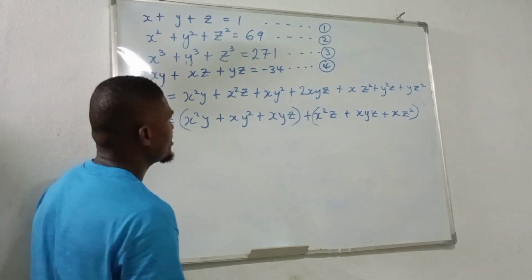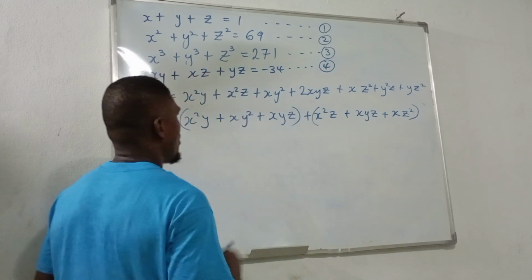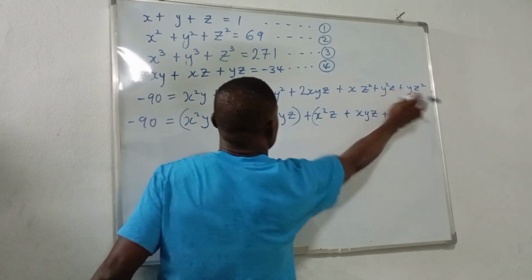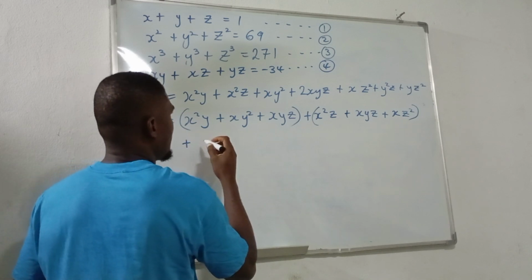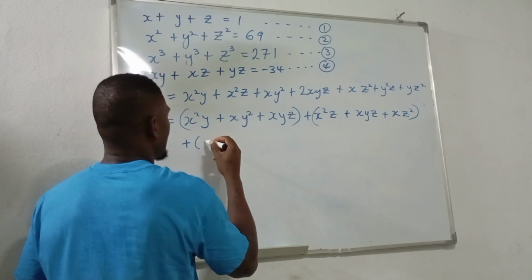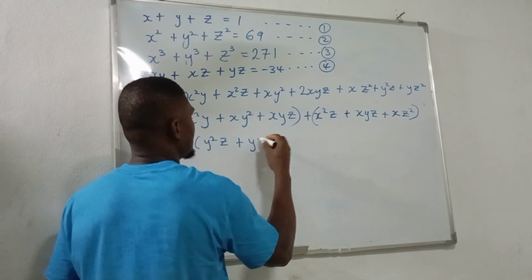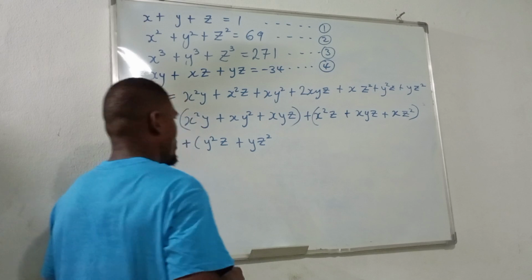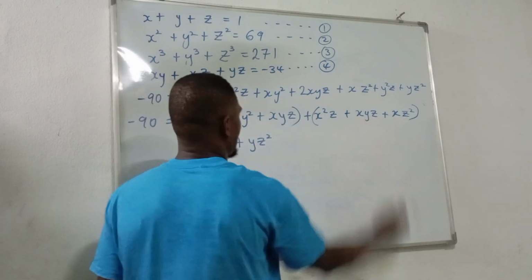Okay, now we're going to pick the one that contains y and z. Alright, so the one that contains y and z is these two. So I'm going to write that down. We have y²z plus yz². Now we need to also add xyz because we've added xyz to this one, xyz to this one.